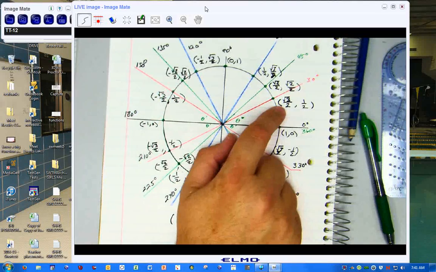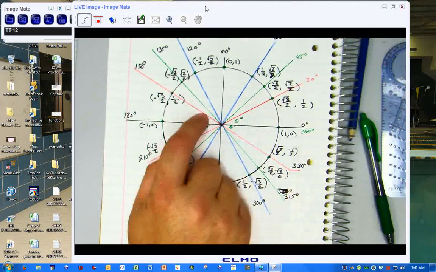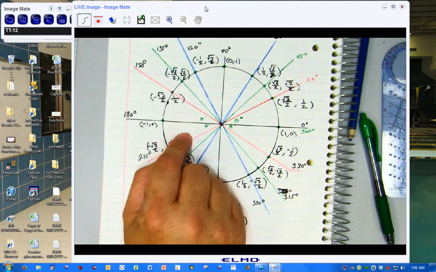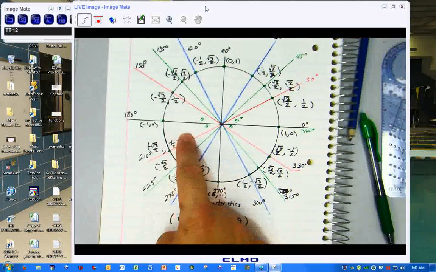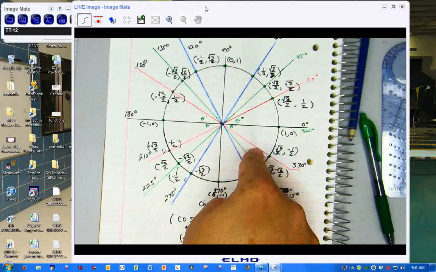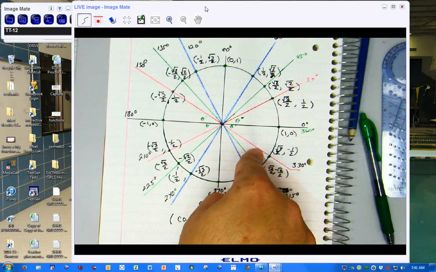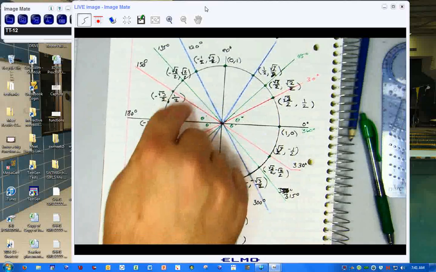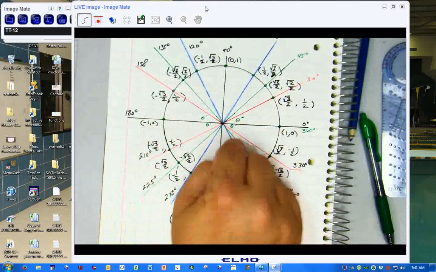Or as soon as you know 30, if you figure out the reference angle, it would be 150. The reference angle for 30 here is 210. The reference angle here is 330. So the 30 degrees are all the closest angles to the x-axis.